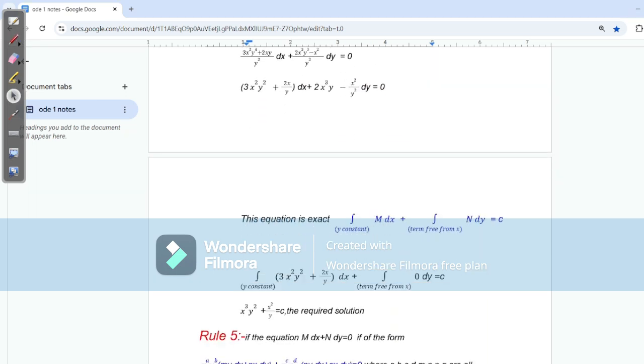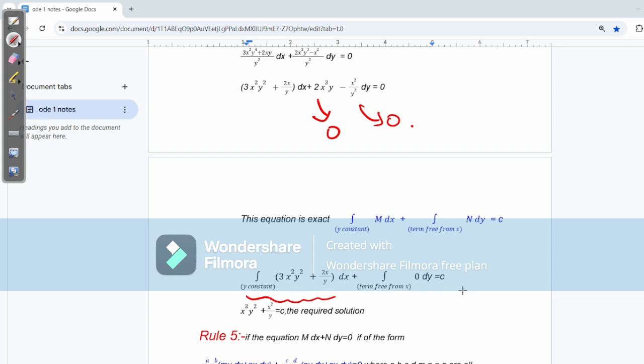Now when taking the solution for this equation, here the y term is constant, so 3x square, the integration of x square is x cube by 3. We have to multiply taking the y terms as constant, and here we have to take the terms free from x, so this value becomes 0, so N value is not there, and this value is 3x square y square plus 2x by y.